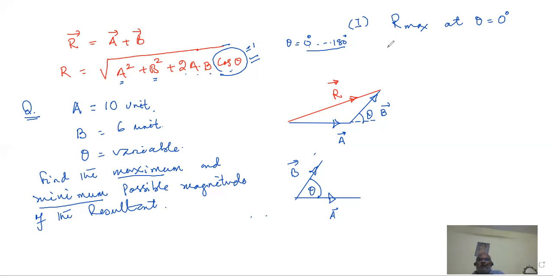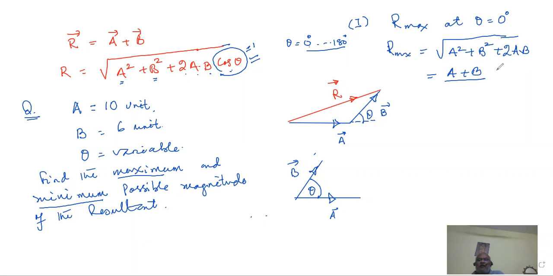So under that condition, our maximum will be a square plus b square plus 2ab, with cos theta equal to 1. A square plus b square plus 2ab is a plus b whole square, and root of that is literally the sum of a and b.